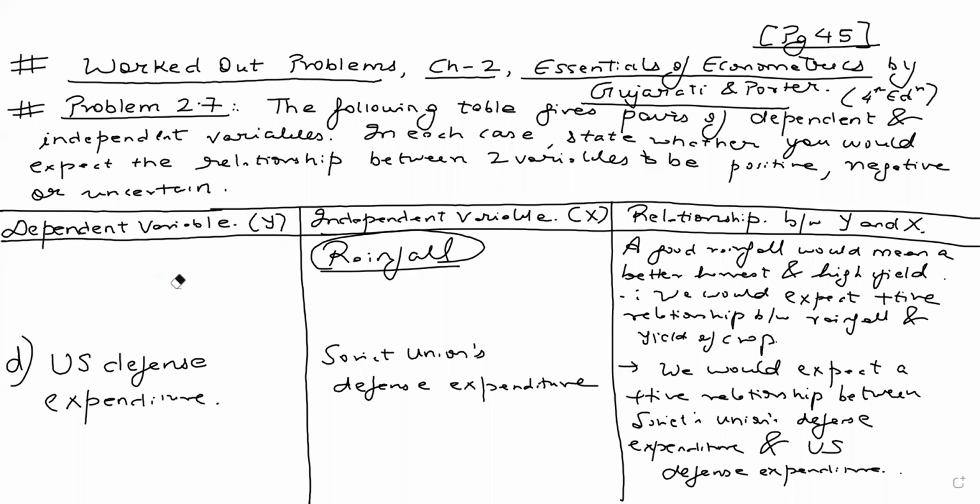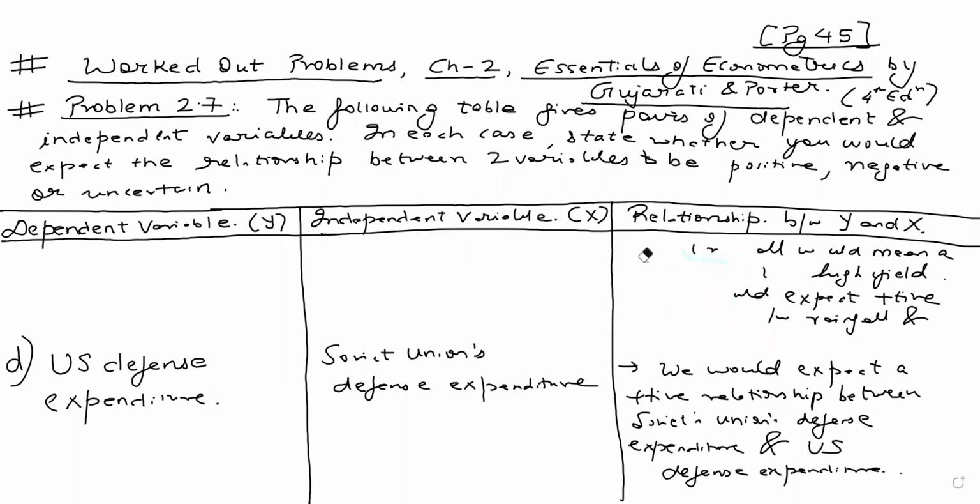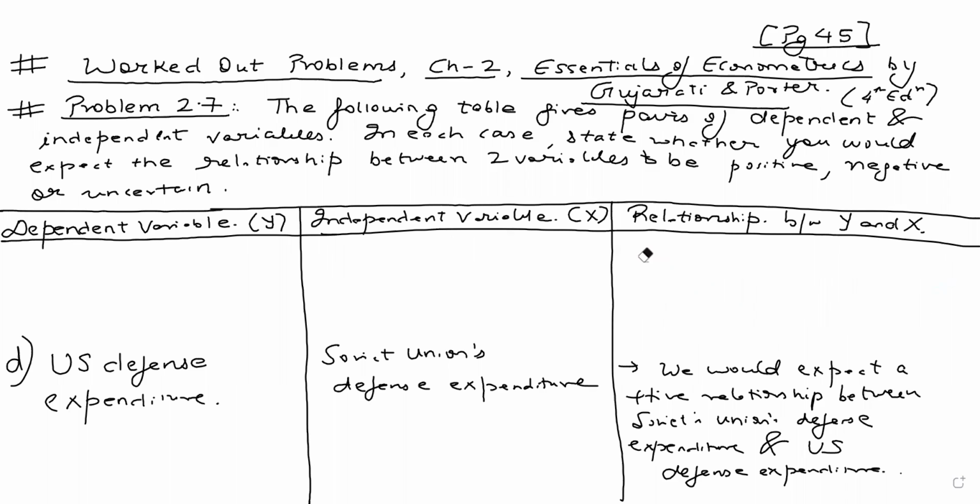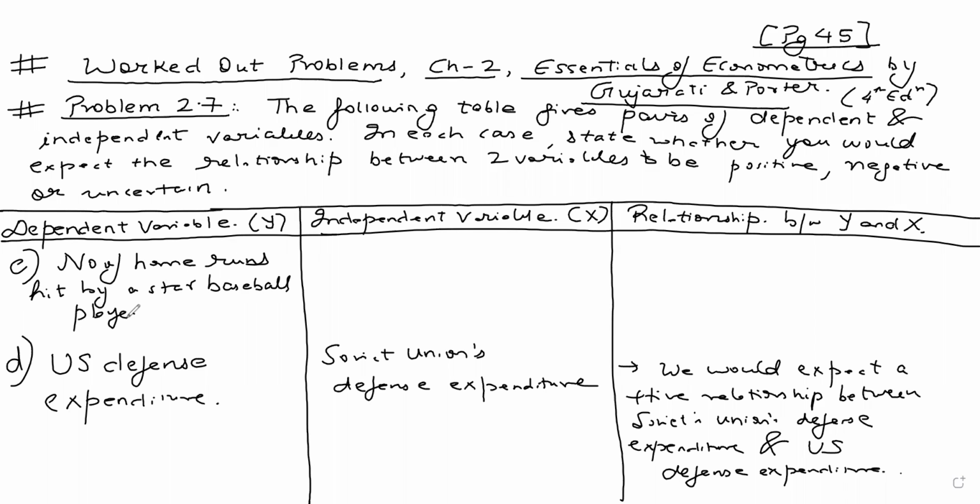So let's look at part E. So part E, we have the dependent variable as number of home runs hit by a star baseball player and annual salary.